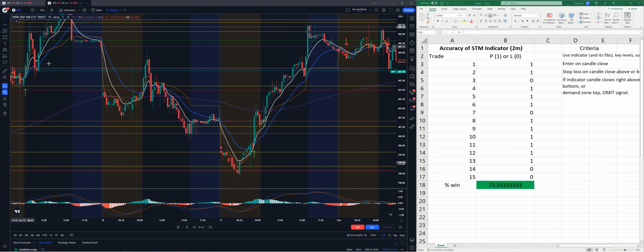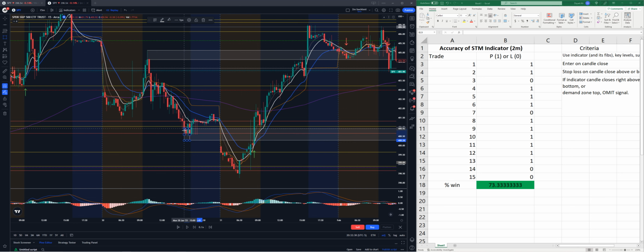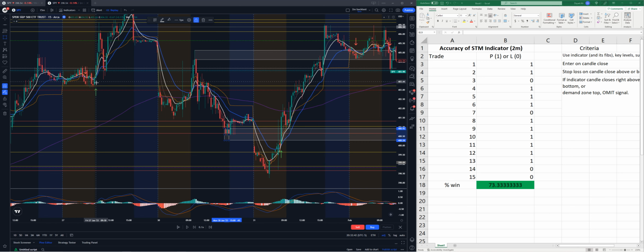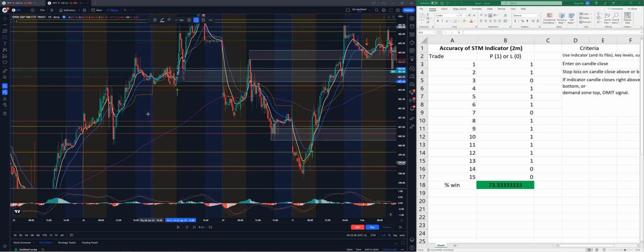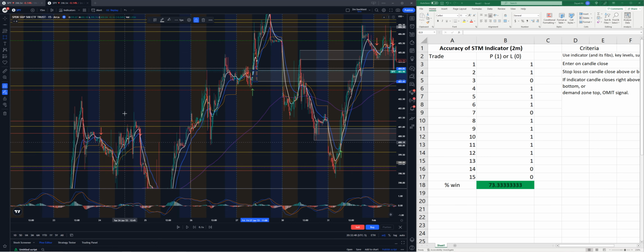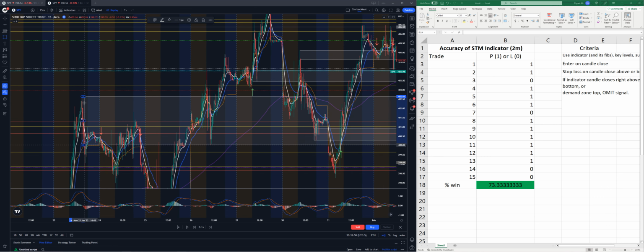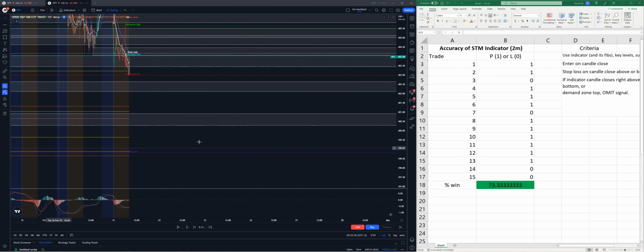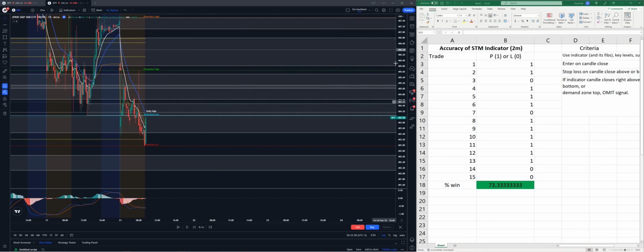Get the high of day zone right here, low of day zone right there, low of day zone right there. Okay, that's better. Now I have some criteria down here, so I got something to look at.